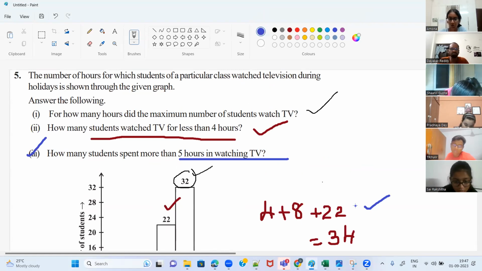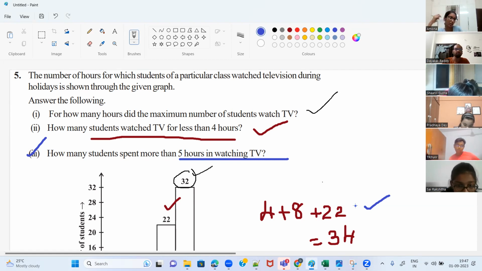How many students watch TV for more than 5 hours? That is the question.